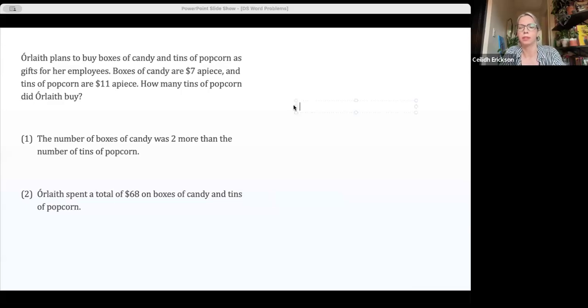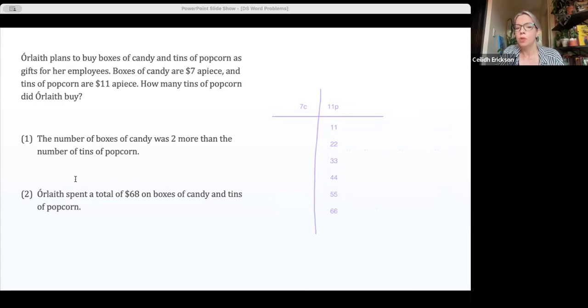So we've got 7C on this side, 11P on this side. And what we want to do is chart out things that add up to 68. So we've got 11, 22, 33, 44, 55, 66. And I can stop there because 77, we're now over our total.